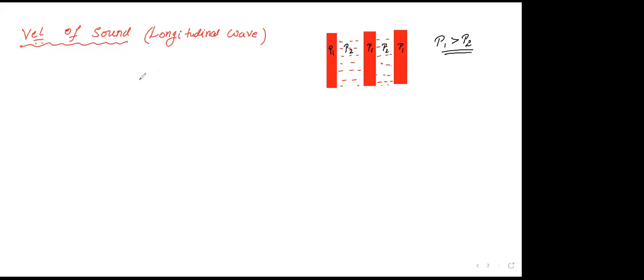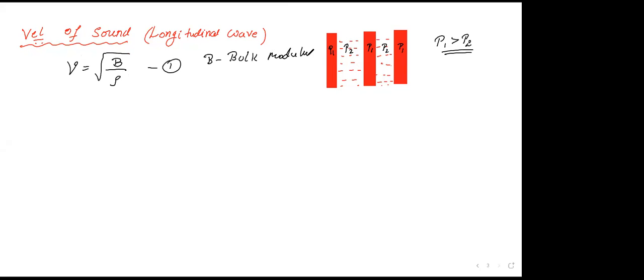So the velocity of the longitudinal wave in a gaseous medium is given by V is equal to root B by rho. What is this B here? B is called the bulk modulus. You will study this in mechanical properties of solids.